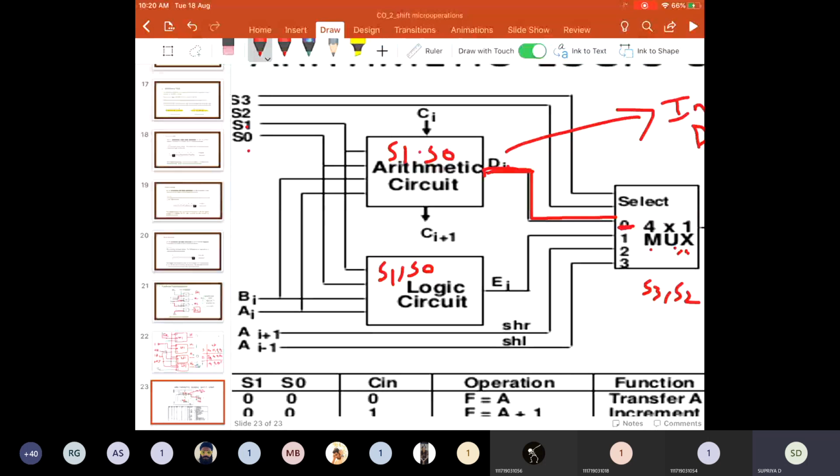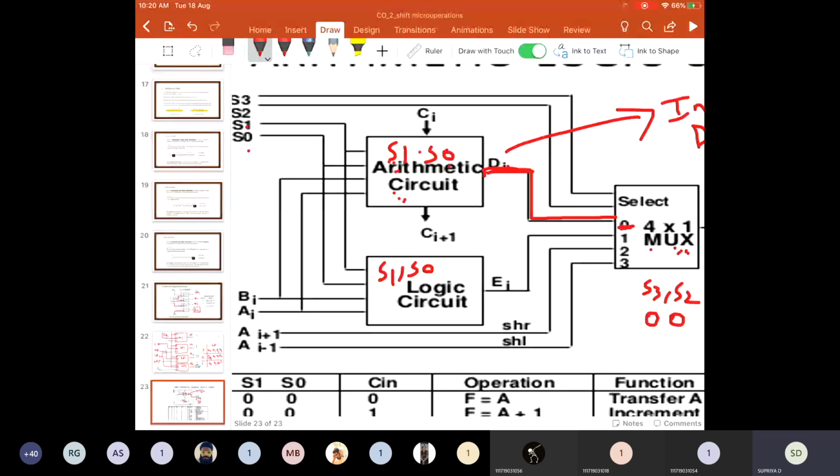So when S3 equals 0 and S2 equals 0, we are performing all arithmetic operations for the various selection lines of S1 and S0 in the arithmetic circuit. S1 S0 can be 00, 01, 10, 11.